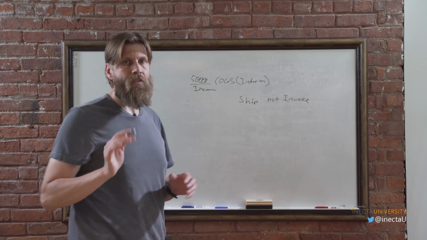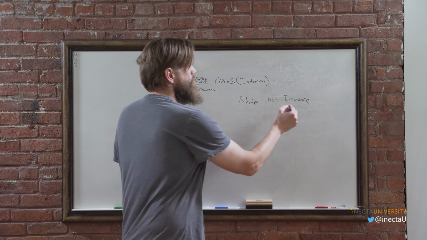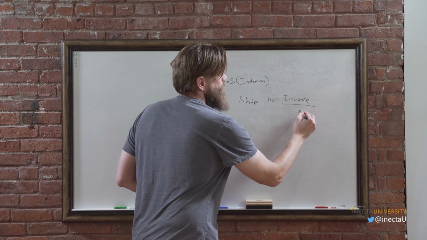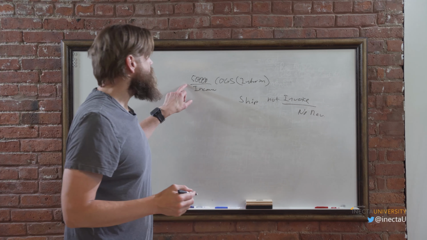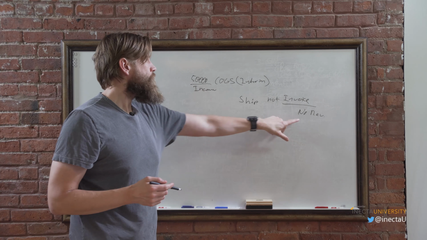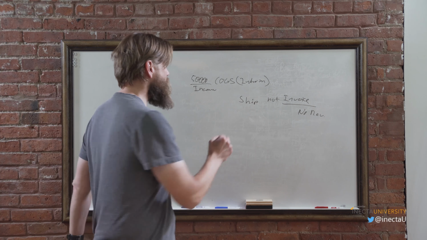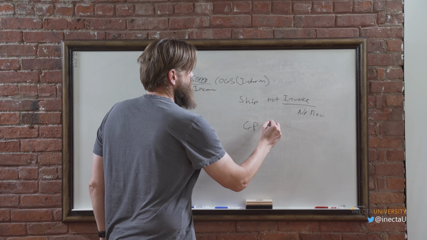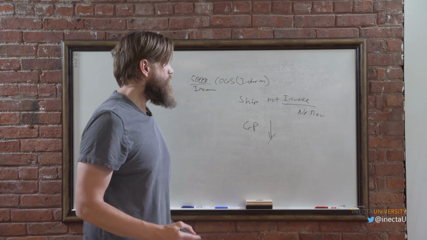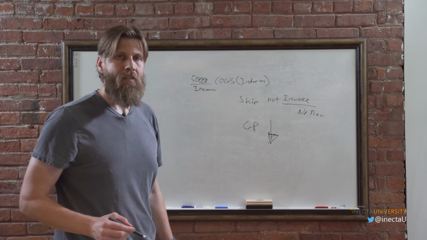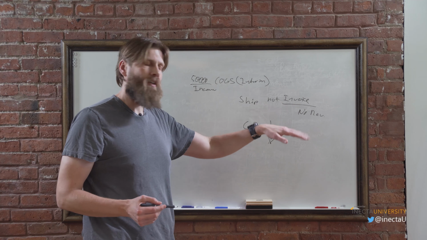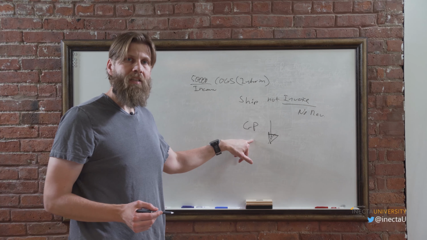And here's the issue with that. If I ship, not invoice, there's no revenue. So I am posting a cost of goods sold without any revenue, which means our gross profit will go down unrealistically, because we have cost with no revenue, and this number will be messy.